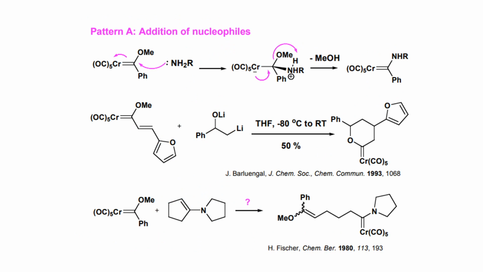So these are the additions of nucleophiles, so primary amine, in that way it reacts and this elimination with this kind of compound. So not only your amine, this kind of nucleophilic agent also can be used. Now for this case, let's see what is happening.